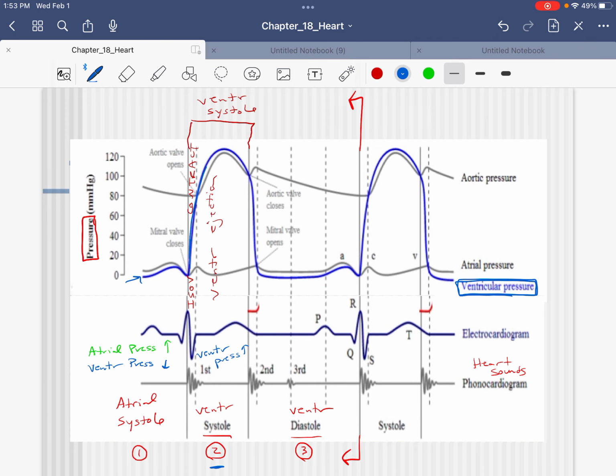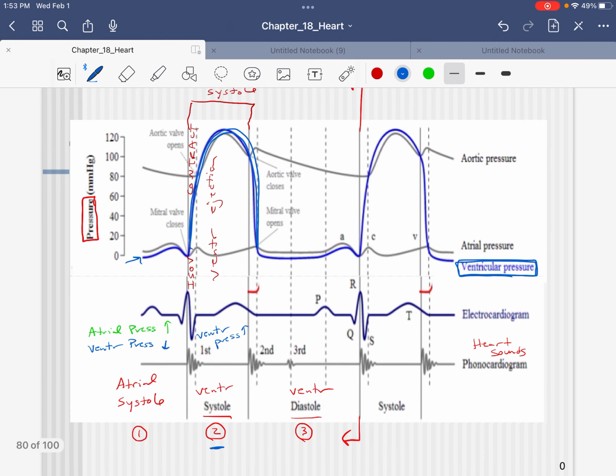Look at how high this blue thing goes, way up. Sharp rise in pressure, and that's what this is showing you. The first period of this, from here to here, is just isovolumetric. The other thing that this graph shows you is when the valves open. So right here, when we move from isovolumetric into ejection, that's when the semilunar valves open.